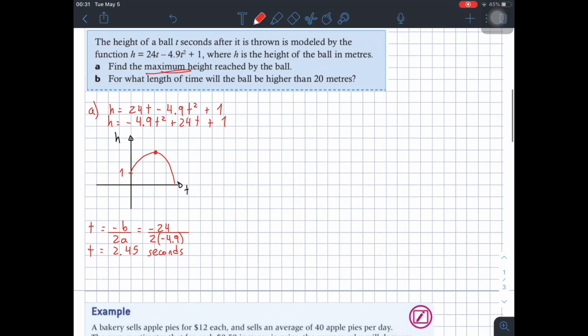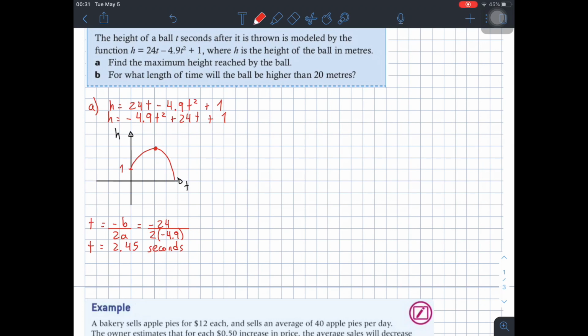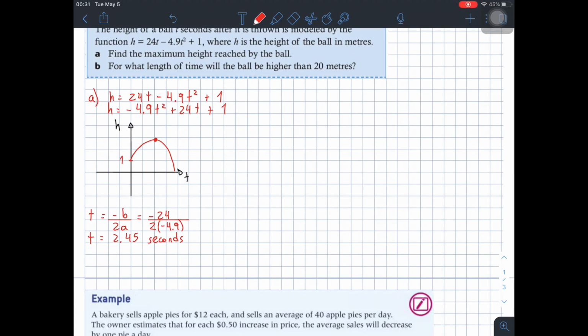But we want to calculate what is that maximum height. So in order to calculate the maximum height, we're going to plug in this time into our equation of height with respect to time. So we plug in here, height equals negative 4.9 times 2.45 squared plus 24 times 2.45 plus 1.